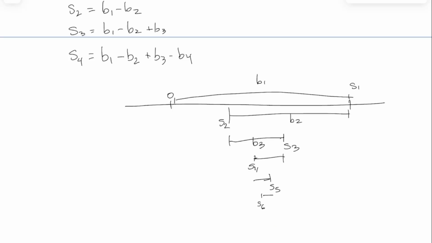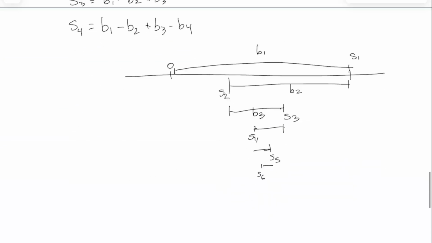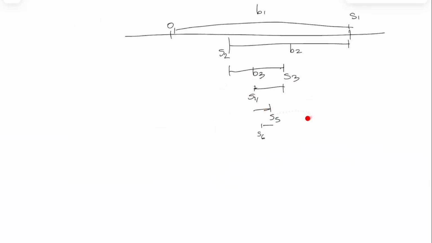So this is not a real proof, of course, but this is the basic idea behind why the alternating series test is valid. It's because if these things are decreasing and eventually becoming zero, then this will continue bouncing back and forth in narrower and narrower little intervals, and eventually it'll converge to a particular value.